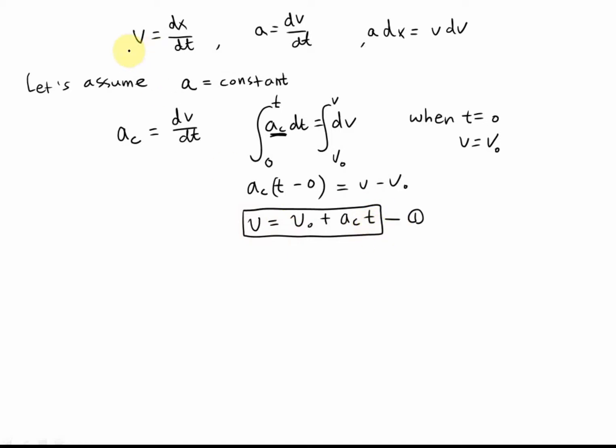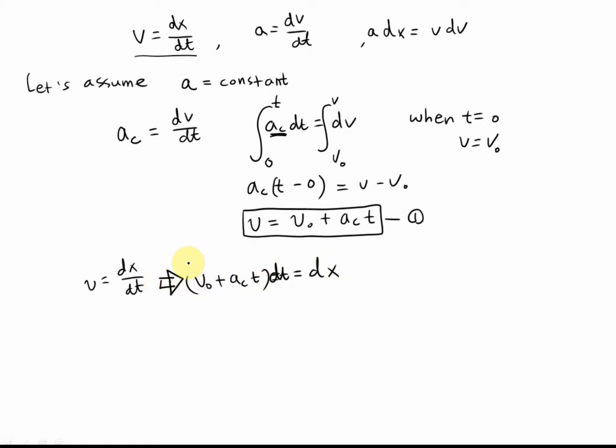Then let's use this one. So we know what the v is. The v is equal to dx over dt. So we replace the v with this one, v0 plus a_c t is equal to dx over dt, so dx equals that times dt, like that from here.